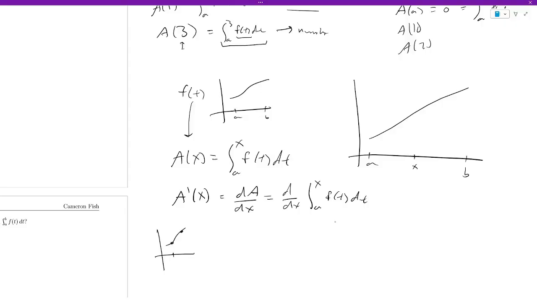If I want to take the derivative at this point here, I imagine, okay, let's pick some point that's kind of to the right here, maybe x plus a little bit. Look at the y value there. Now I can make a slope, a secant line they call it, a line that connects those two points. That has a slope, and that slope is this rise over run right here.